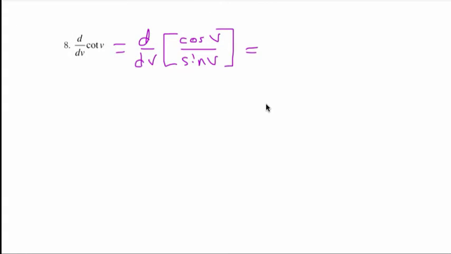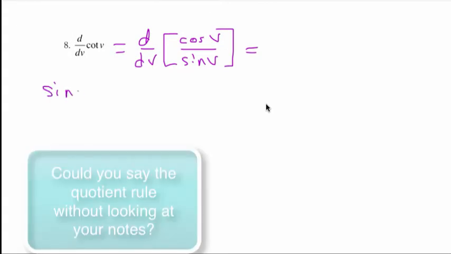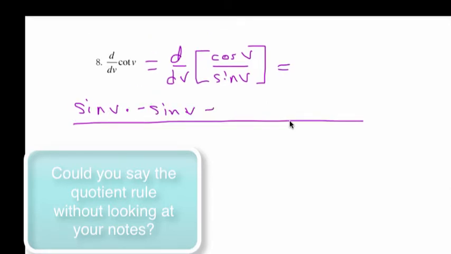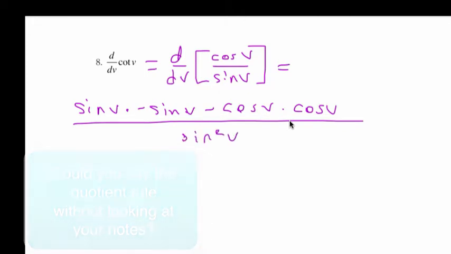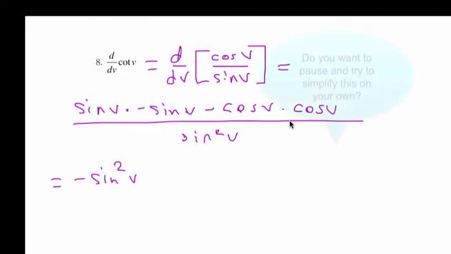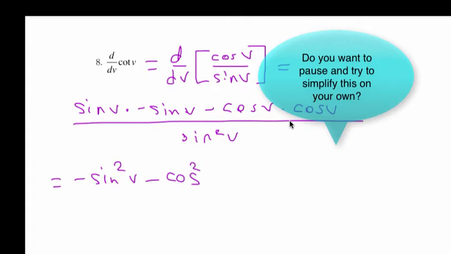Our very last one, cotangent, which is going to work the same way as our first one did. Cotangent is cosine over sine, and our quotient rule gives us the bottom times the derivative of the top minus the top times the derivative of the bottom over the bottom squared. And this time we have negative sine squared minus cosine squared, which is also very nice.